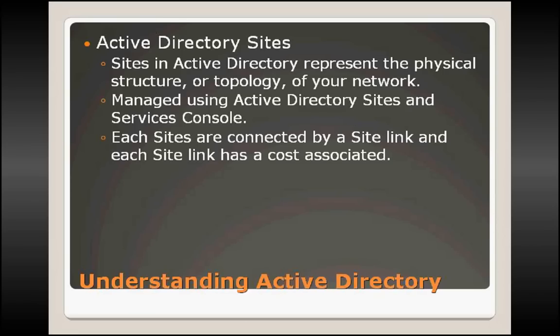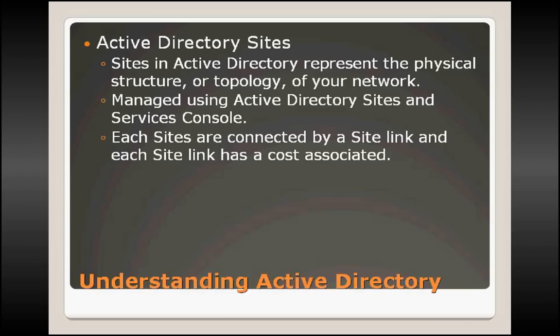What is a site link? It is your physical connection with your internet service provider. Every connection you take with the service provider has a cost involved, right? You don't get it for free. You pay the ISP, you get a link. So every site link that you make in AD will have a cost associated.